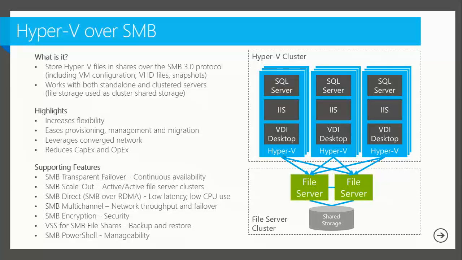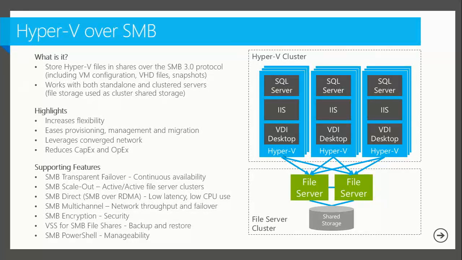So in Windows Server 2012, you can have a 2-node file server cluster, and we will transparently move the workload between nodes. So let's say you have 1,000 VMs running on file server node 1. You can actually turn off that server without any notice, and all that workload will move to the other one. We'll talk more about that.